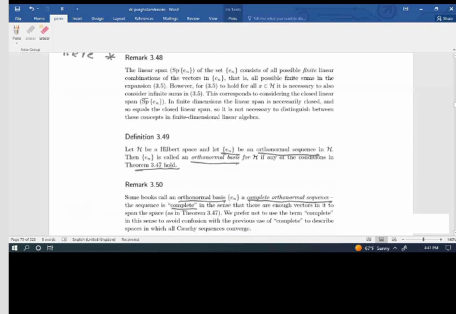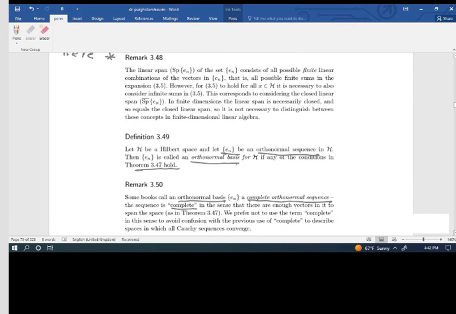So as you see, let H be a Hilbert space and En be an orthonormal sequence in H, then En is called an orthonormal basis for H if and only if any of the conditions in the theorem hold.